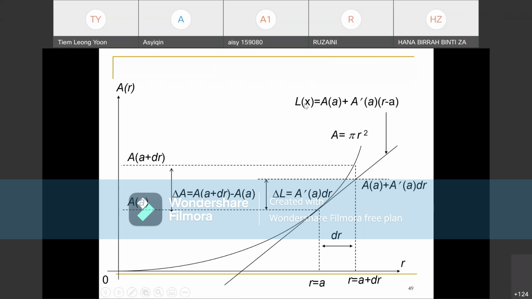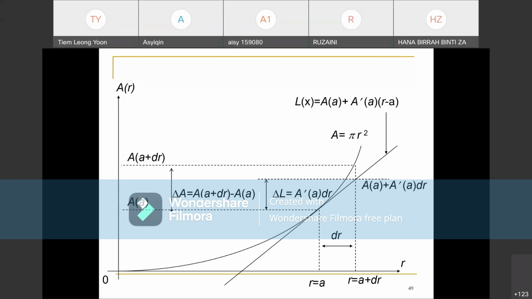So L(x) here represents a linearization of the function at the point here. If you were to calculate delta A, you can actually calculate it using the differential of the function L at the point R equals a.